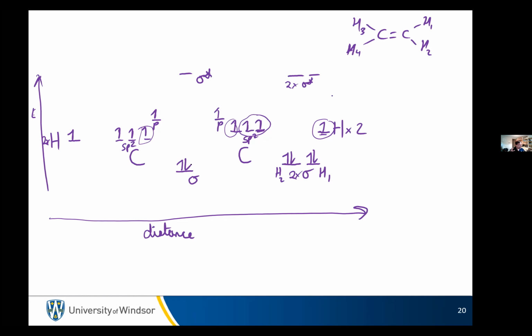So again, we take the two sp2 orbitals' electrons. We take the remaining sp2 orbital from the guy on the right, and we take an sp2 orbital from the guy on the left. They make a sigma bond. And then we're going to take the 2 p orbitals, and we're going to make a pi bond.